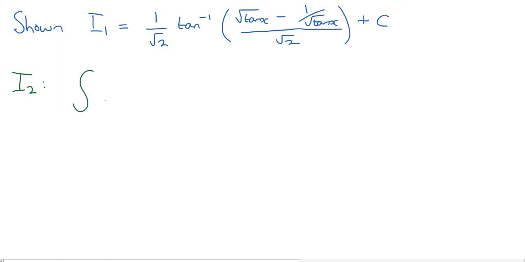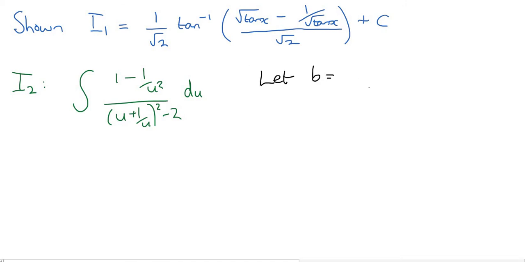So this was the other way around, so it's 1 minus 1 over u squared over u plus 1 over u squared minus 2. Okay, we're going to do a similar thing. We're going to make a substitution and then see what happens. We're going to say let b equal u plus 1 over u.